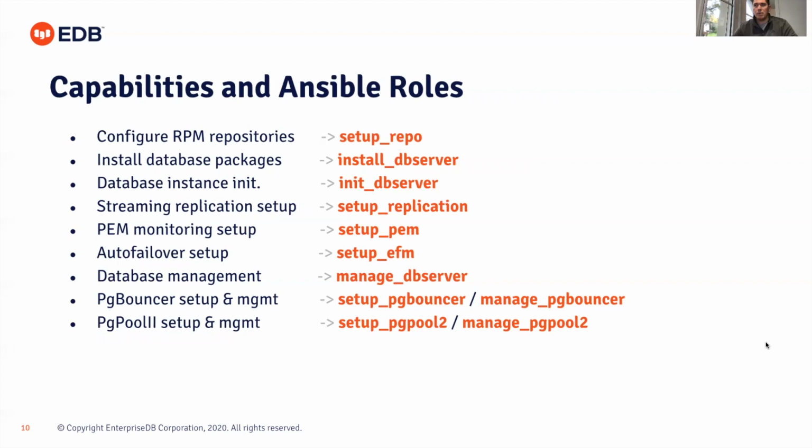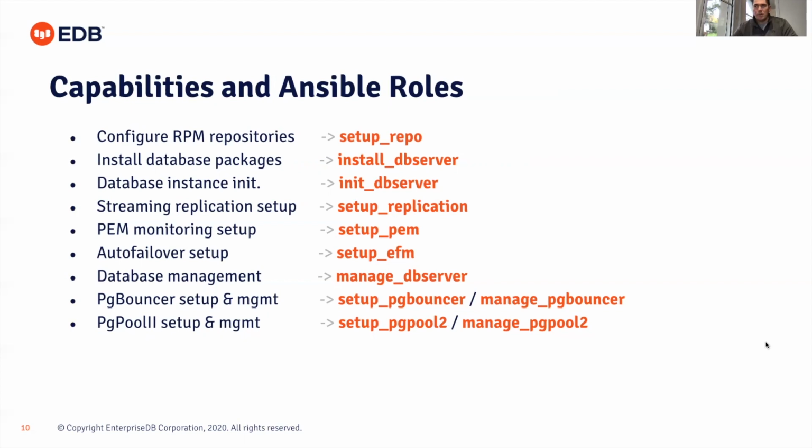With this collection, we can also install the database server packages. We can initialize database instances. We can set up streaming replication. We can also set up a Postgres Enterprise Manager server and deploy the agent on the database machines. We can set up automatic failover with EDB Failover Manager.